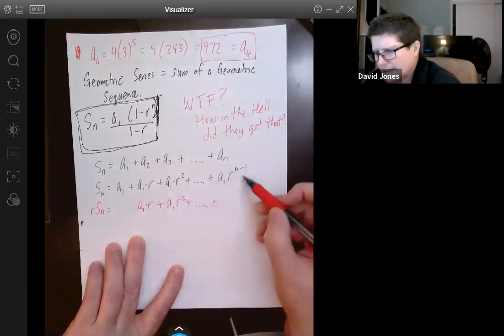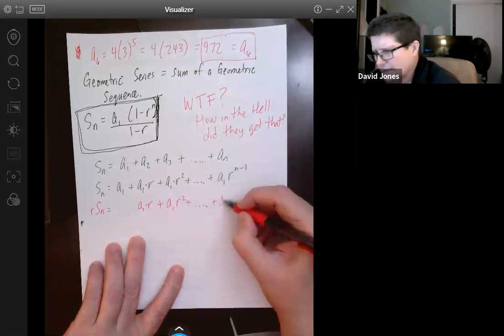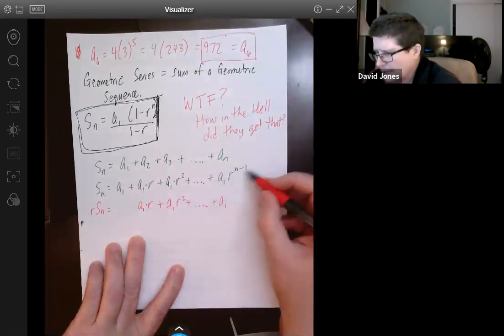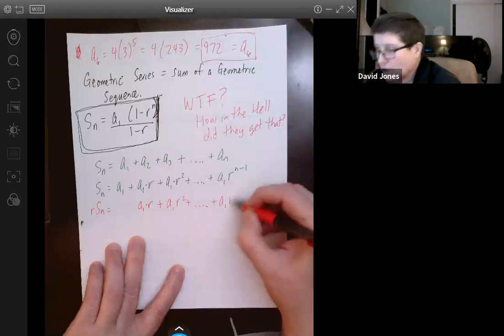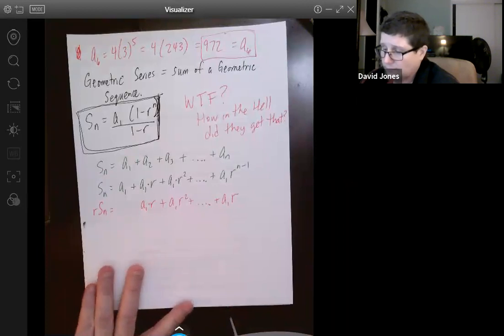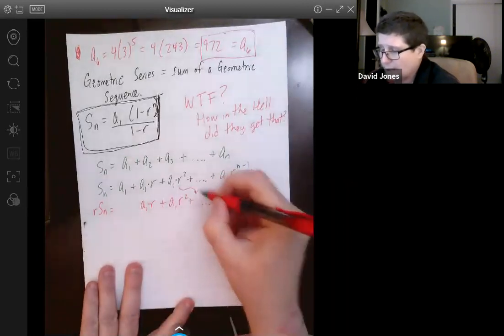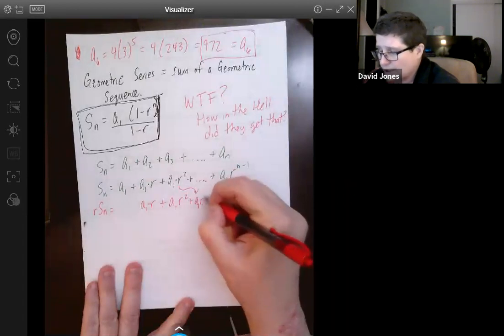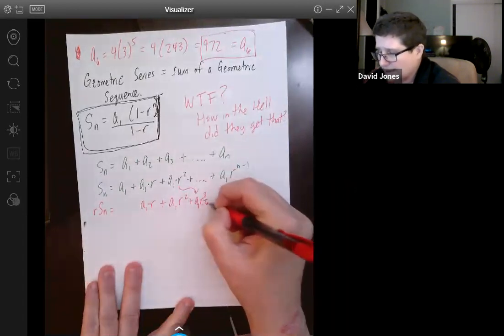And if I multiply this one here by r, I'm going to get a sub 1 times r to the n minus 1 times r, which is adding another 1 to the exponent, so it's just r to the n. So that would have been plus a sub 1 r cubed plus dot dot dot.